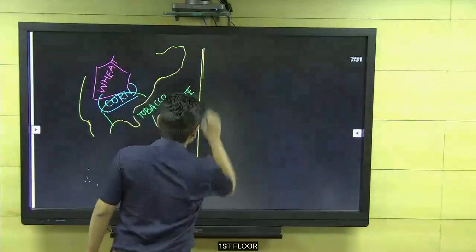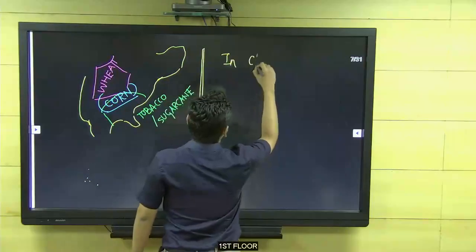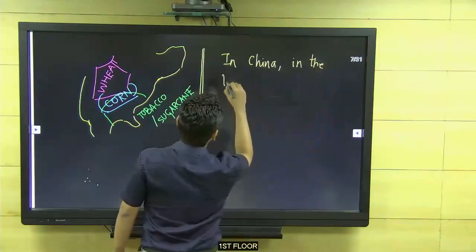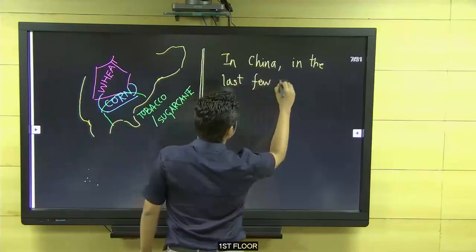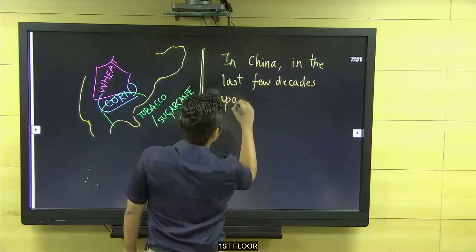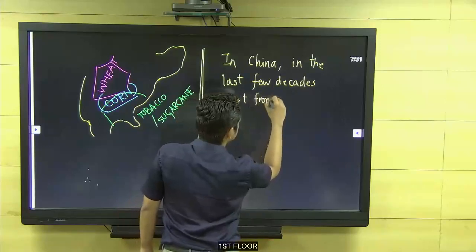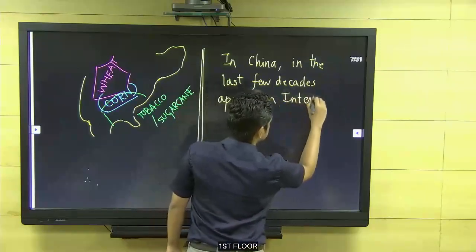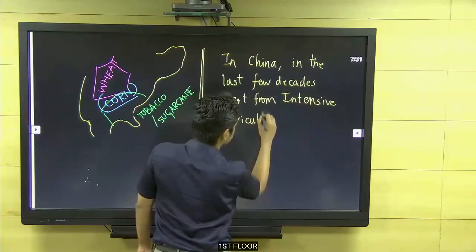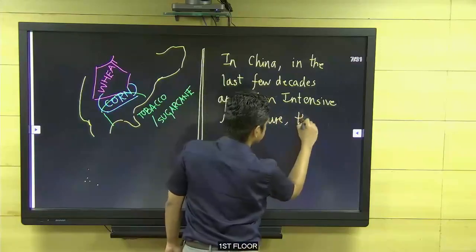it's more stark. What's happened in China is much higher than what happened in the last few decades. Apart from intensive agriculture, there was development of SEZs.